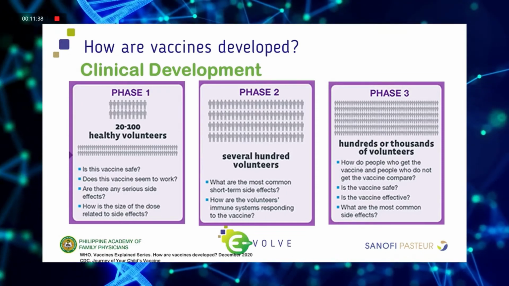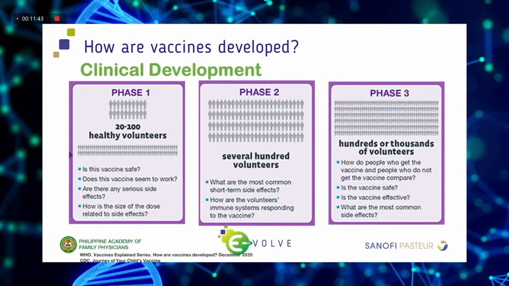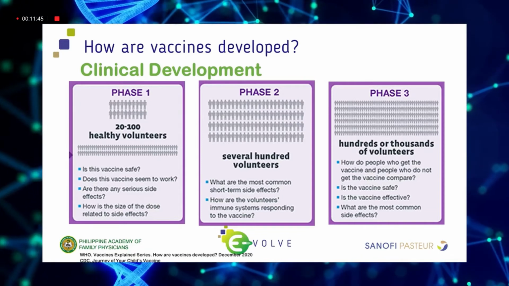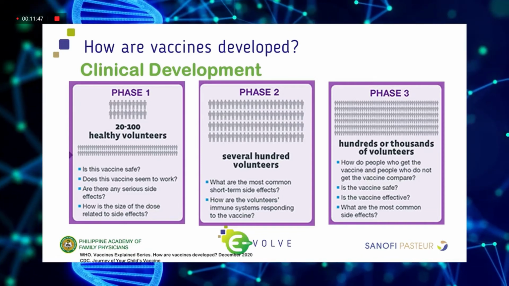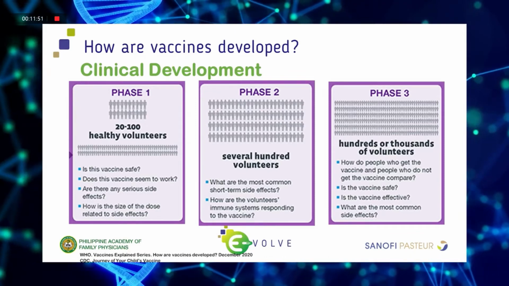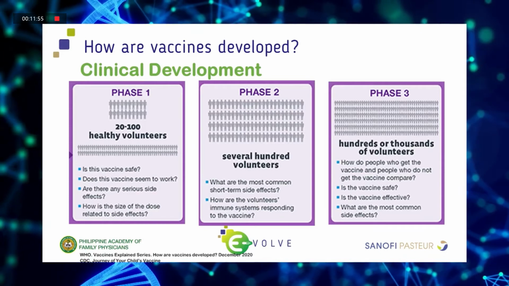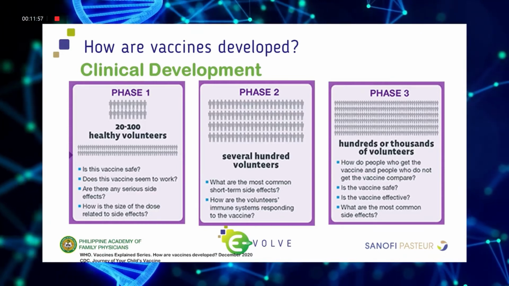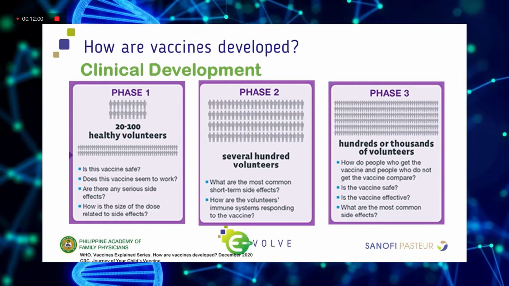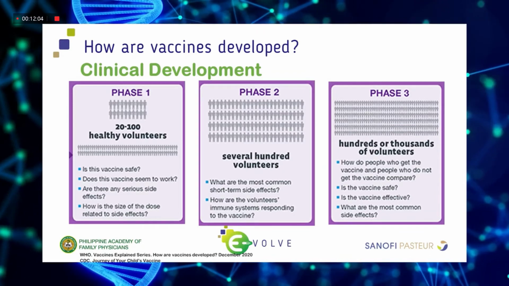These studies provide additional safety information on common short-term side effects and risks, examine the relationship between the dose administered and the immune response, and provide initial information regarding the effectiveness of the vaccine in its ability to generate an immune response. Standardized and validated tests are used to evaluate the immune responses.